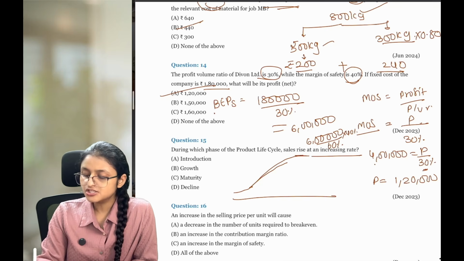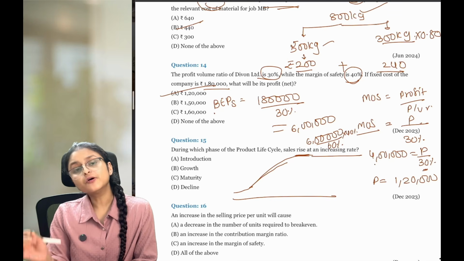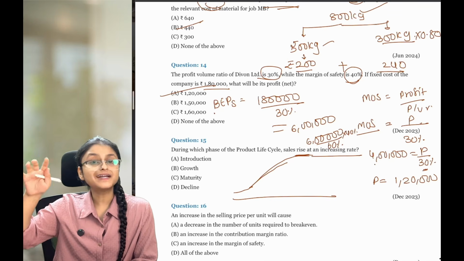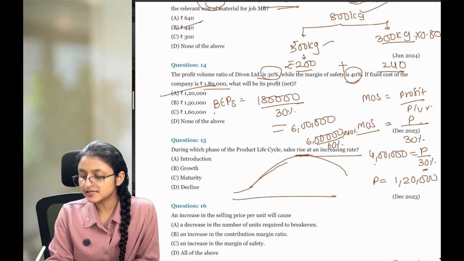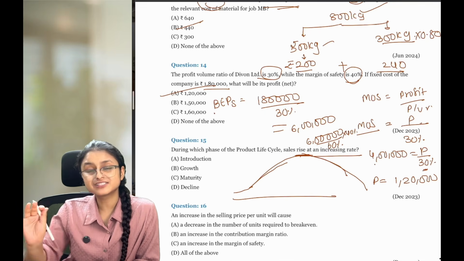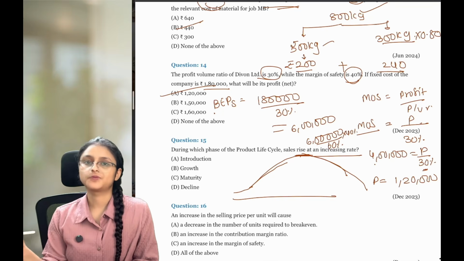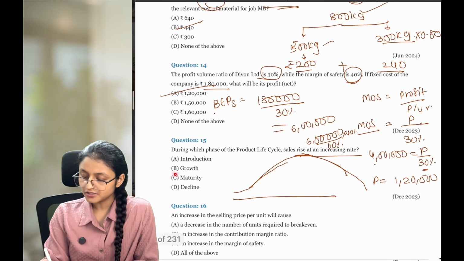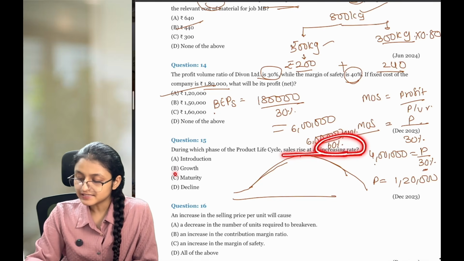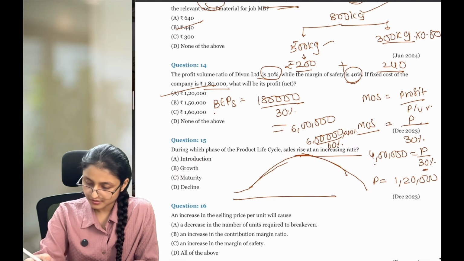Then you reach a maturity stage. At that time also sales is increasing, but now at a decreasing rate. And then you reach a decline stage, where your sales start decreasing. Okay? So sales rising at an increasing rate happens only at growth.